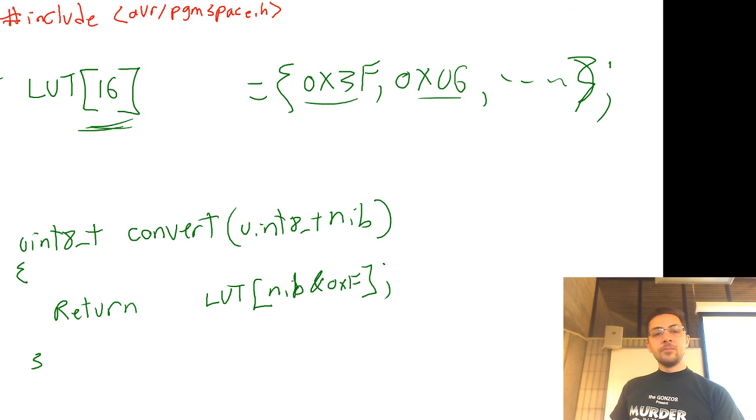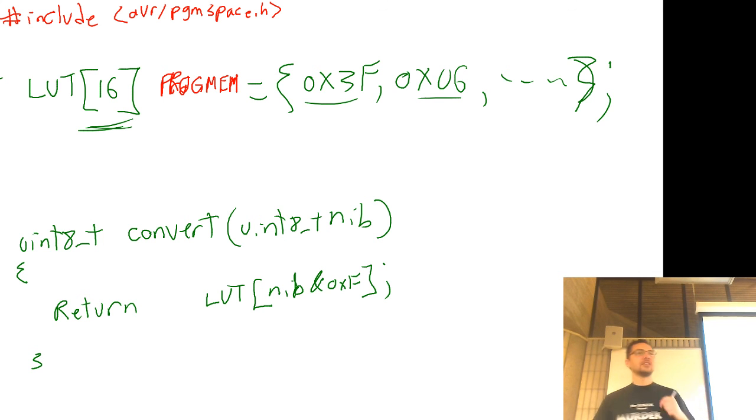First thing I'm going to do, remember that space I left? I'm going to decorate this declaration with something called PROGMEM. PROGMEM is just a define somewhere, but it has special meaning to the compiler. It lets the compiler know that this is going to go in program memory.